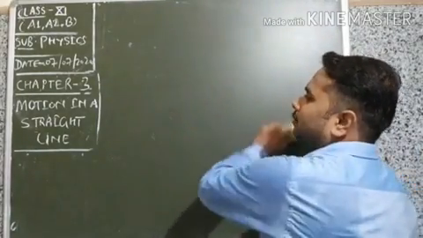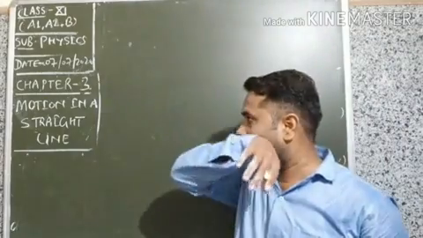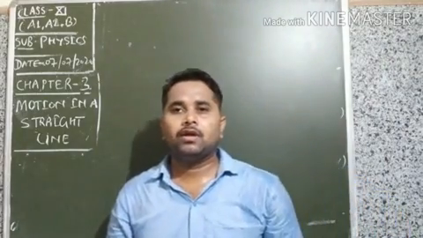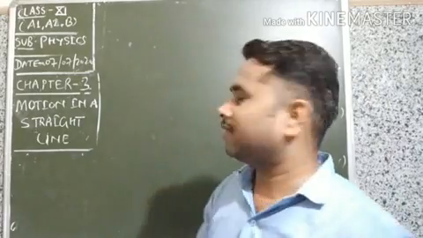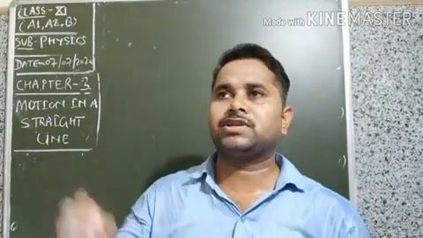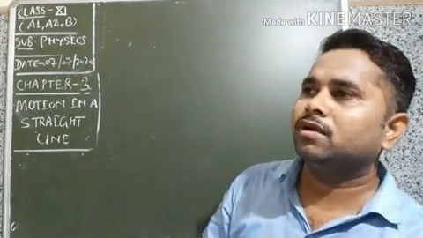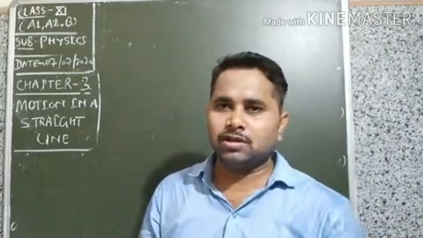So in this kinematics, we discuss straight line motion only here. And in this straight line motion, we have first discussed the types of motion. When a body is moving in a straight line, it can move by different types of motion.